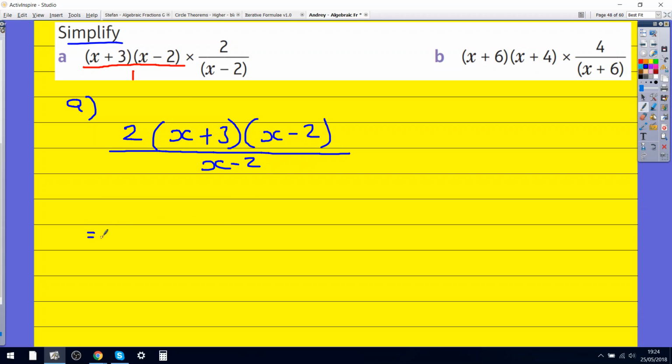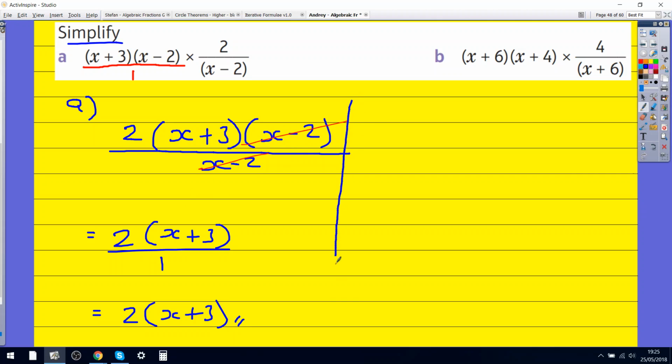Would it be 2 and then x plus 3 over 1? Yeah. And what is that divided by 1? 2 times x plus 3. And that's why we didn't expand the brackets, because if you keep them factorized, then you can cancel them down. If you expanded them, you would have to factorize them again to see if they do cancel down.